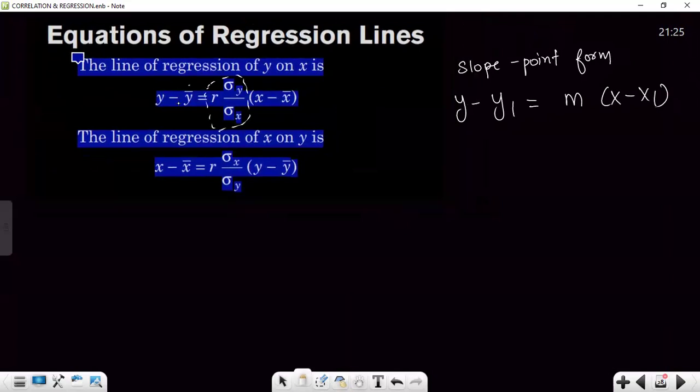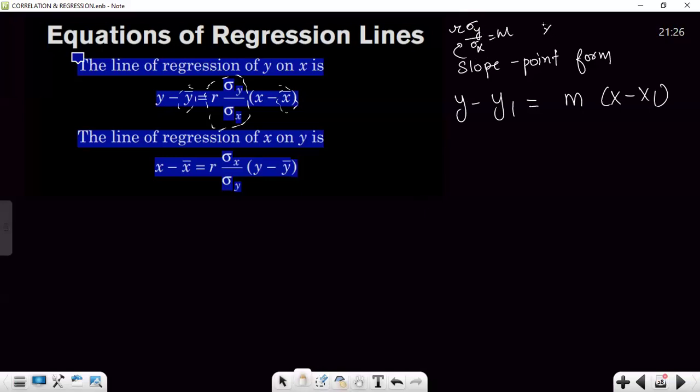Notice the point. So our slope is r sigma y over sigma x, where sigma is the standard deviation, because we are talking about y on x, right? Y on x, so y will be above. So this is the slope here.